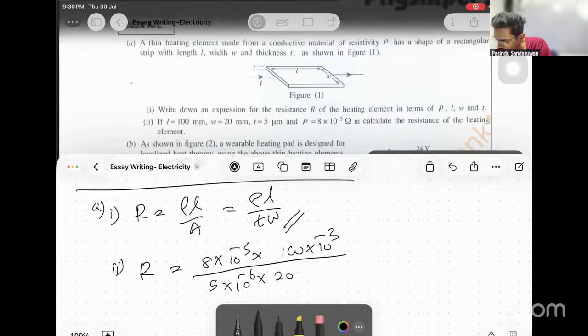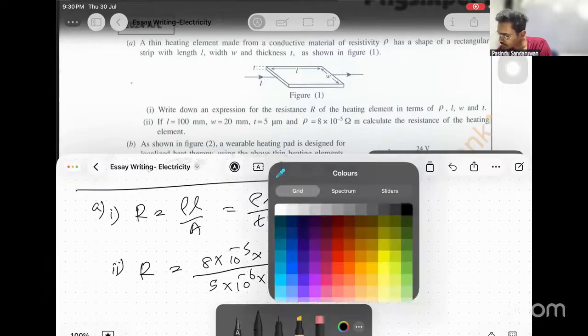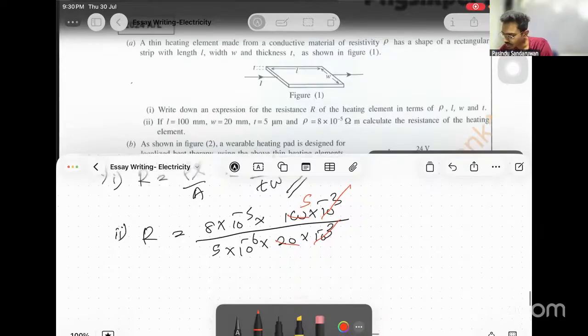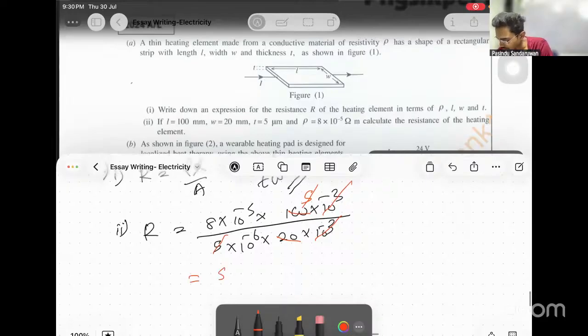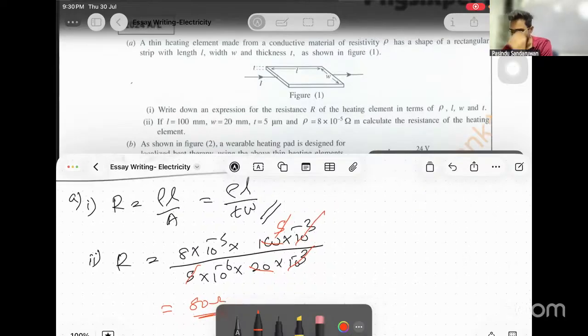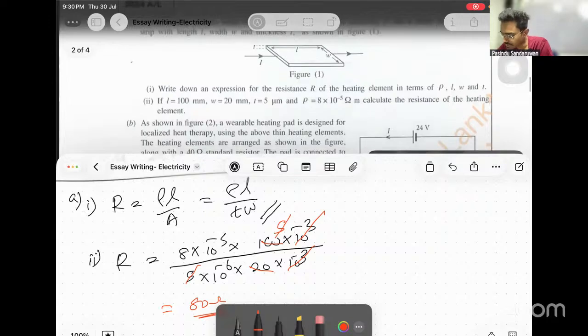The powers of ten cancel, 20 times 5 cancels, and we get exactly 80 ohms. Then part B.